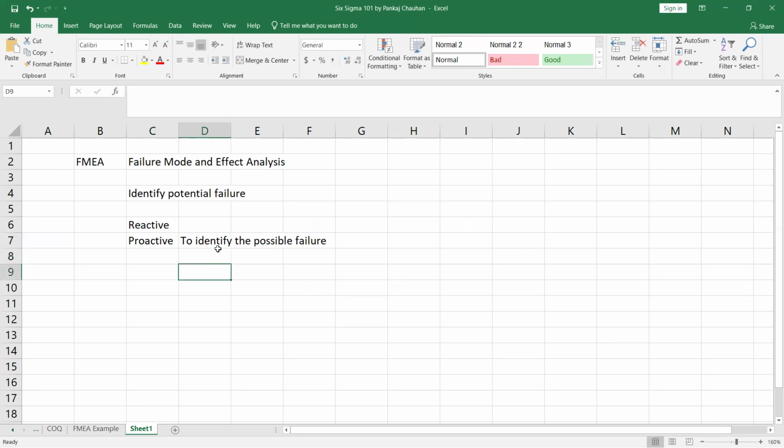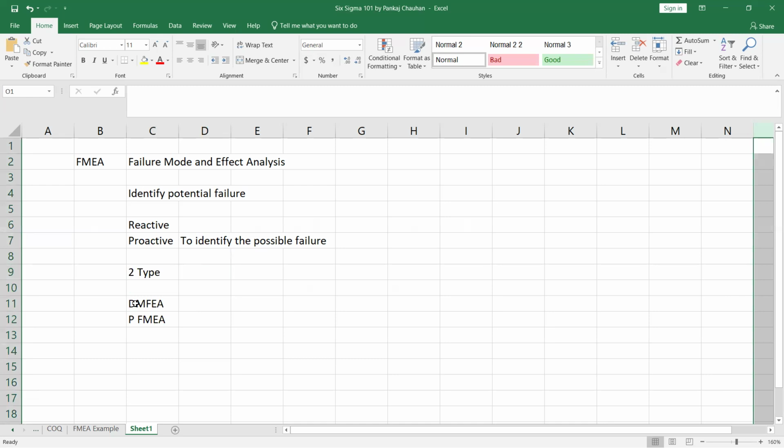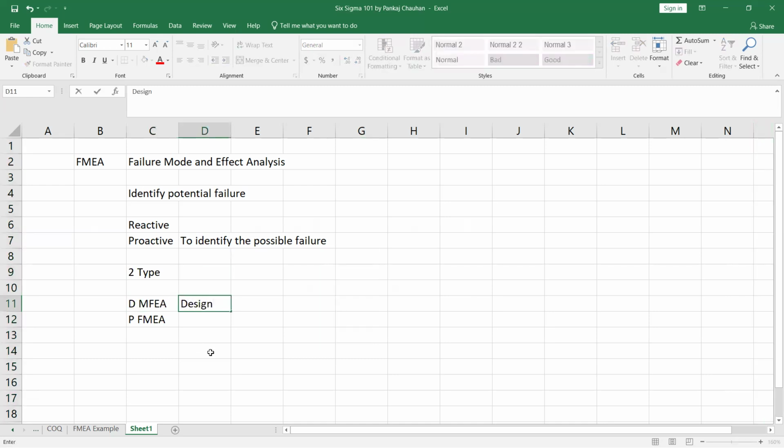Majorly, we use two types of FMEA. One is DFMEA, and the second is PFMEA. DFMEA stands for design FMEA, and we use it whenever we are working on a new product or service.